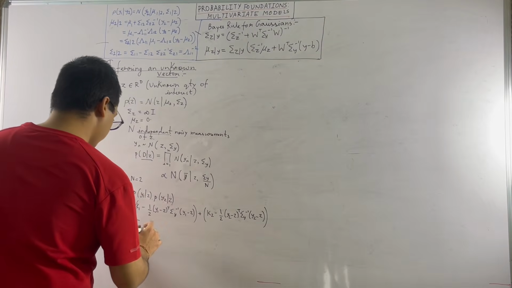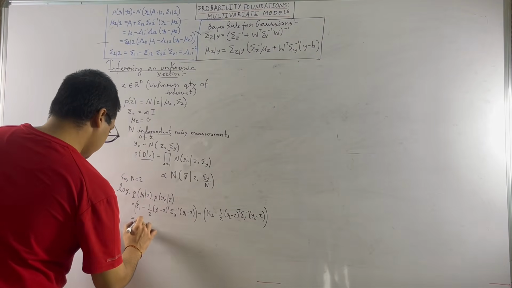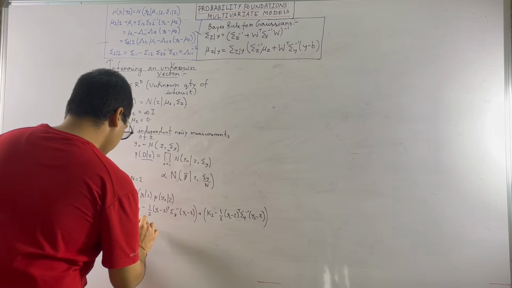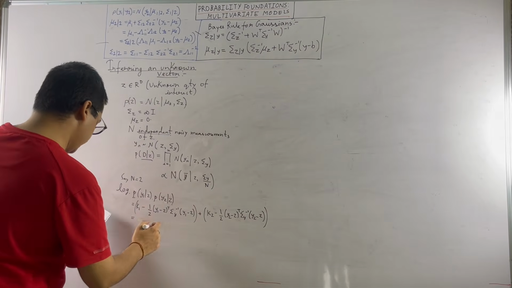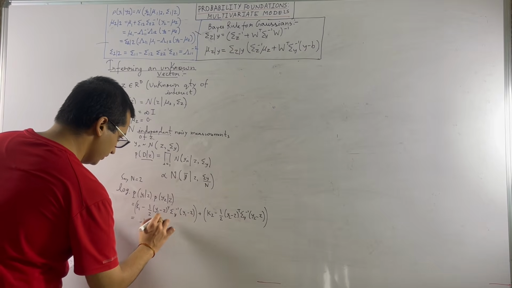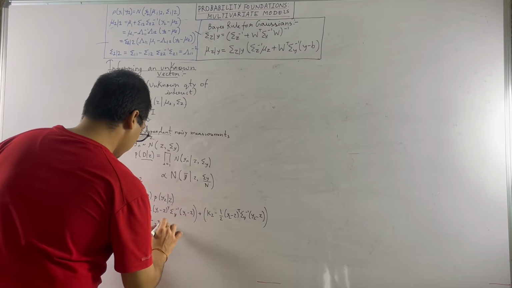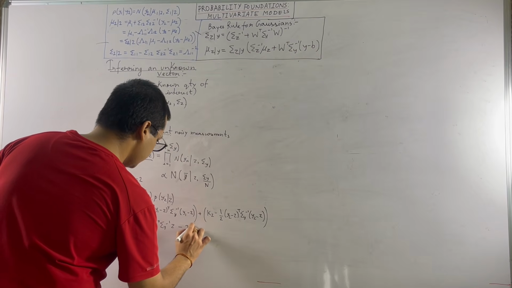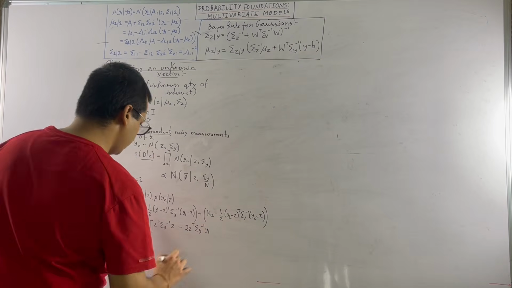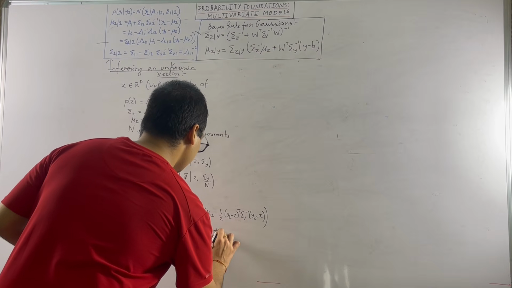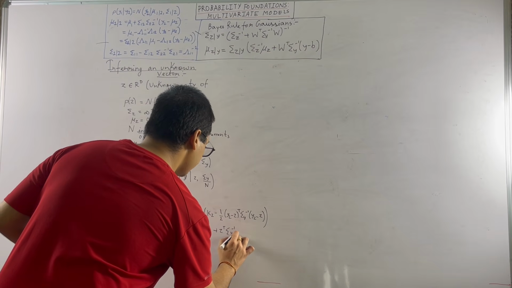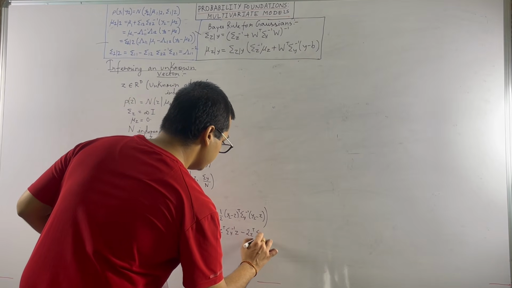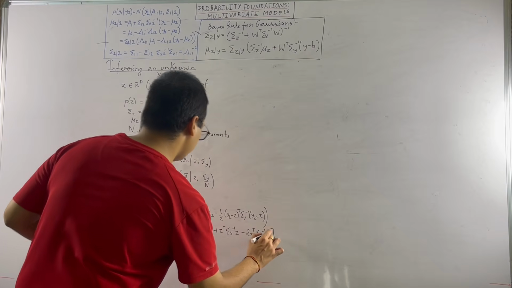So what I can write, if I simplify it down, taking the second degree terms, which you should keep in mind: some constant is there, I'm not writing the constant, but it is minus half, z transpose sigma y inverse z minus 2z transpose sigma y inverse y1, plus z transpose sigma y inverse z again, and minus 2z transpose sigma y inverse y2. This is what you will get.